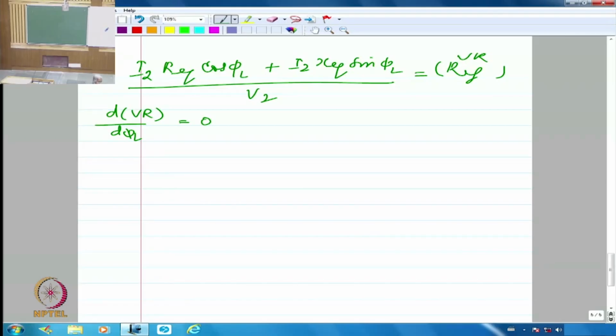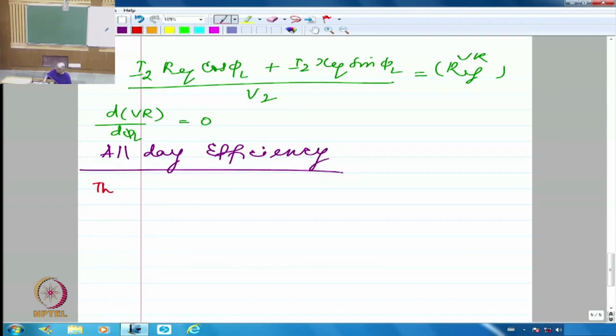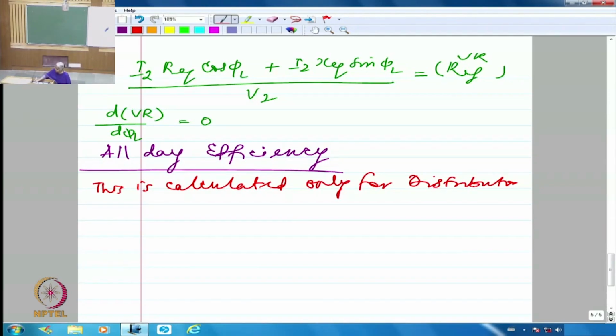Fine? All day efficiency is calculated only for a distribution transformer. See, if it is a power transformer, I told you that it is normally loaded to 100% all the time, because the generator will generate full power or it will not be commissioned at all.